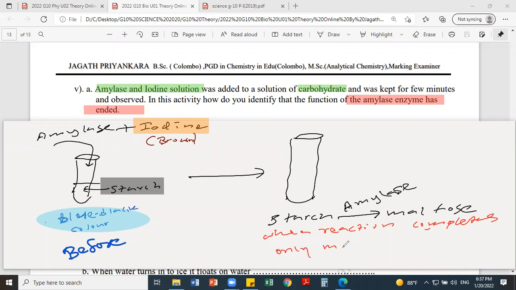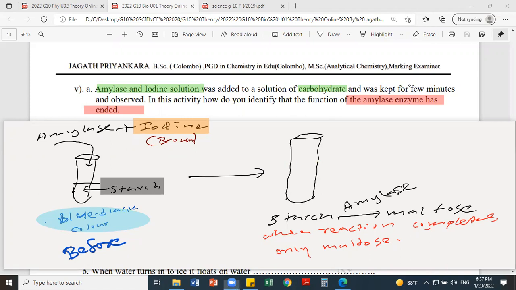Only maltose. That means all the starch converted into maltose by amylase enzyme. When the reaction ended, all the starch converted into maltose. So we have to put excess amylase. If amylase is not enough, then some unreacted starch can be left. So therefore, all the starch converted into maltose by amylase enzyme.